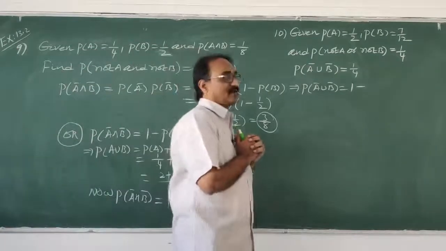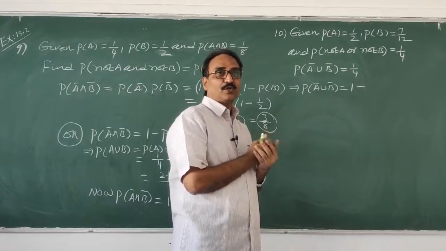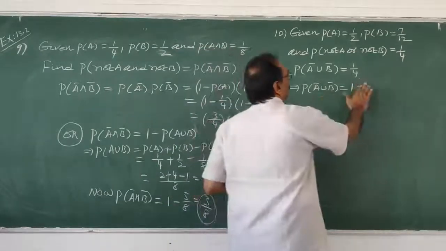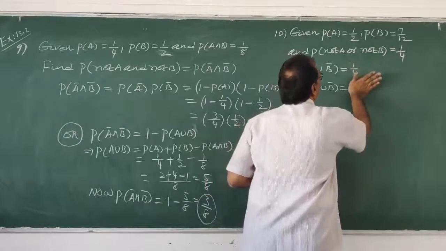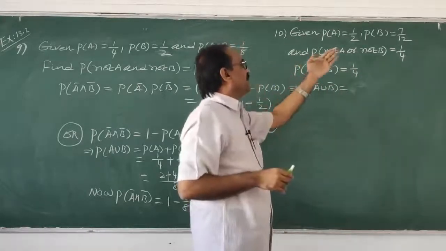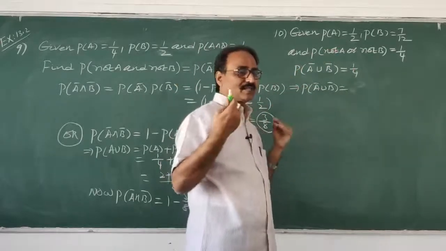Sir, now I got confused, whether to write 1 minus P of A intersection B or A union B. Okay, no problem. Now leave this. A bar and B bar are there. Instead of A, B, you write A bar and B bar. A union B, in your general method, you know it.